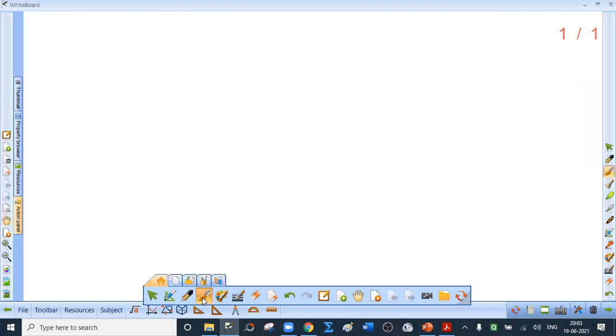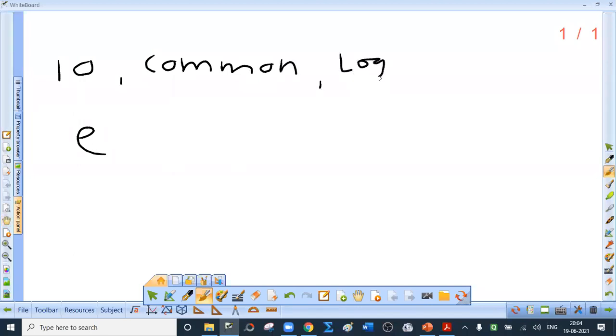Usually the base of logarithm is 10 or e. If the base is 10, it is called common logarithm. We are interested in this at present, and it is used in log tables. Now, in some cases, the base of logarithm is e.